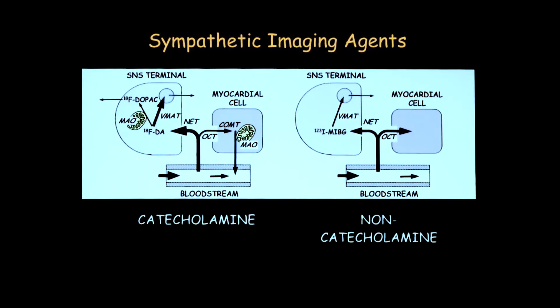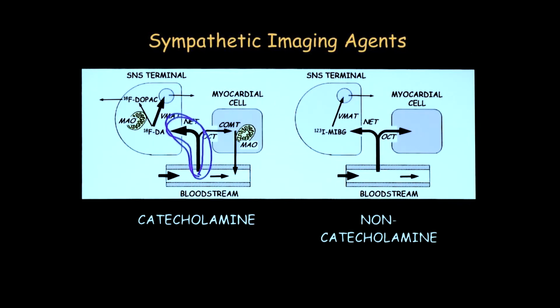Nowadays, there's a way to see sympathetic innervation, at least in the heart, by a special type of scanning. And there are two types of sympathetic imaging agents that are used. One is a catecholamine. And catecholamines are substrates for the cell membrane norepinephrine transporter.